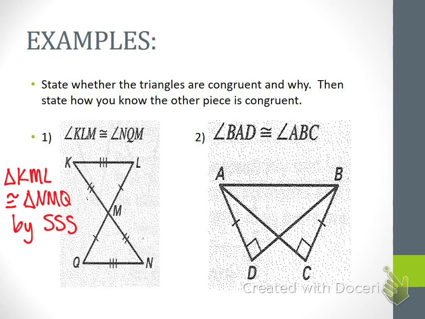The new part would be then how we would know that angle KLM, so KLM is up here, is congruent to NQM. That's the angle down at the bottom left. Now these are not vertical angles. We don't have parallel lines, so we can't call it alternate interior. This is that new thing that came at the beginning of the notes.